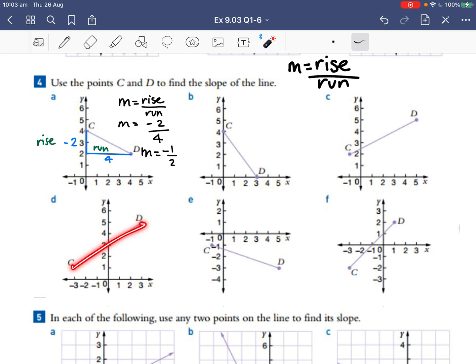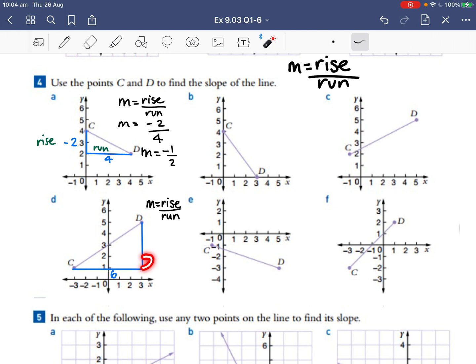So C to D, it's going in a positive direction from left to right. It's going up, so it's going to be a positive gradient. So we want to make sure that our answer is positive. We're using our formula again, M equals rise over run, and we want to draw that right angle triangle again, like so. We then want to calculate what our run and rise are. I'm going to do my run first, and it's 1, 2, 3, 4, 5, 6.